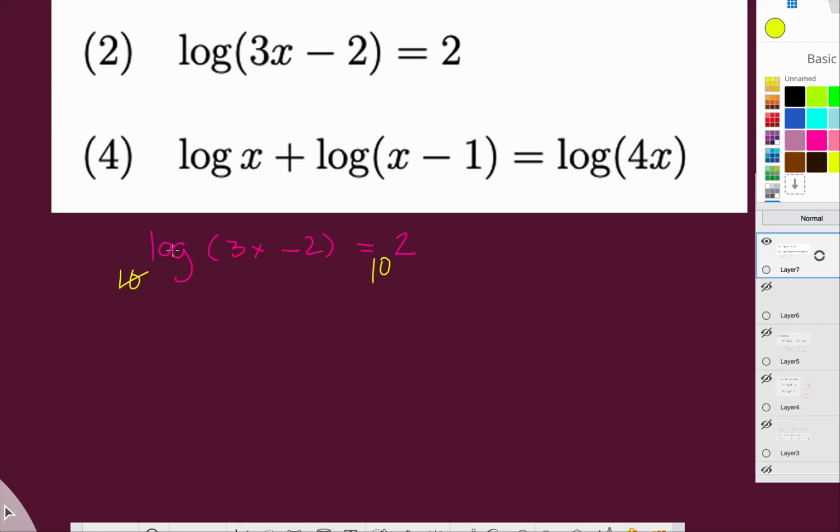And 10 to the log base 10, or common log, equals 1. So what we have left is 3x minus 2 equals 100. We're going to add 2 to both sides, so 3x equals 102. And we figured out that when we divide 102 by 3, we get 34.